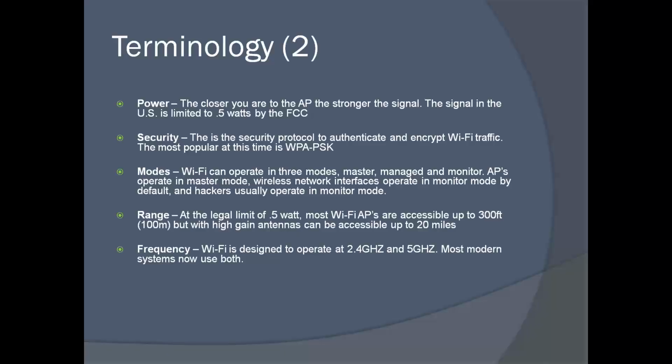The range, at the legal limit of half a watt. Most Wi-Fi APs are accessible up to 300 feet or about 100 meters, but with a high gain antenna they can be accessible up to 20 miles. We've seen experiments done with big parabolic antennas where we can actually pick up Wi-Fi signals up to 20 miles, but that's a very unusual case.